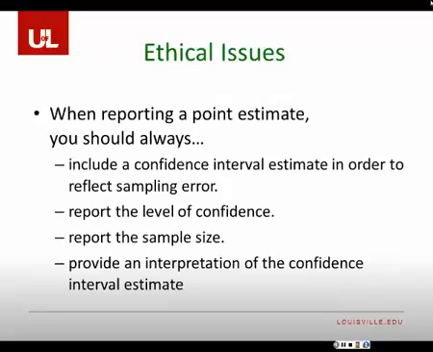Alright, some ethical issues. When reporting a point estimate, you should always include a confidence interval estimate in order to reflect sampling error. If you don't do that, it's very easy to lead people astray. So for example, you're going to see a couple of polls coming up in the near future, right? We have an election coming up. And you're going to hear that one candidate is beating another candidate by, say, 5%.